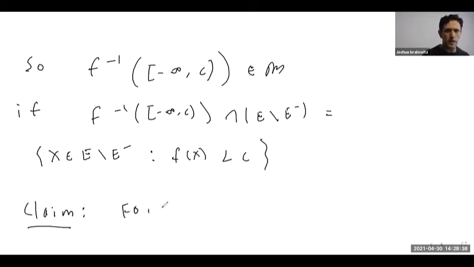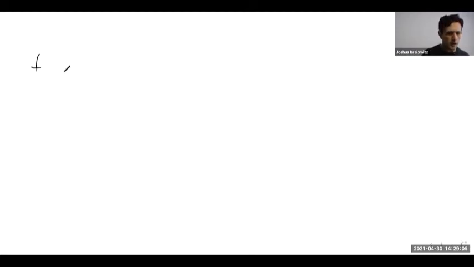So I claim that if x is in x take away E prime, maybe a little clearer to say, if this is true, then I claim f of x is less than c.